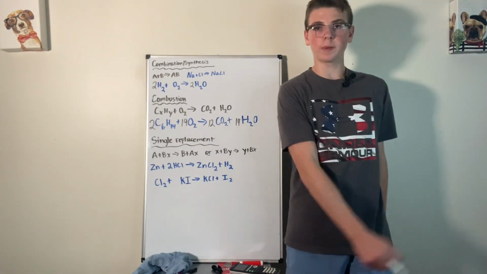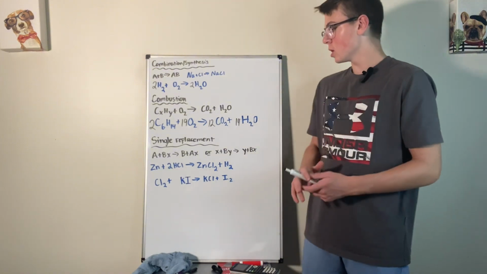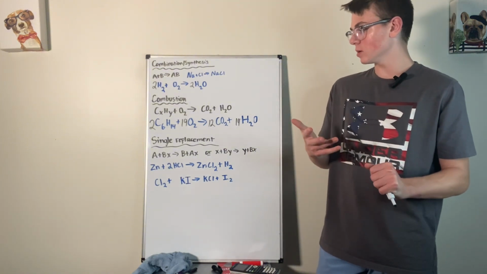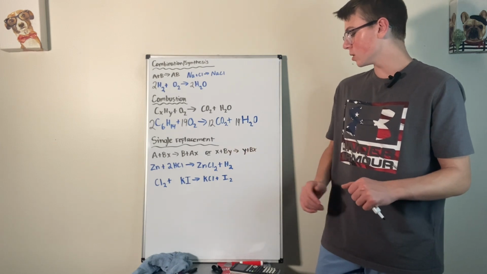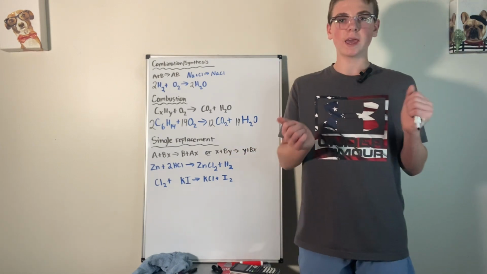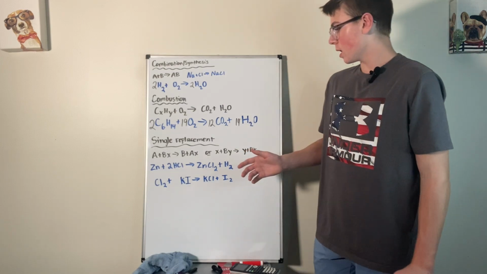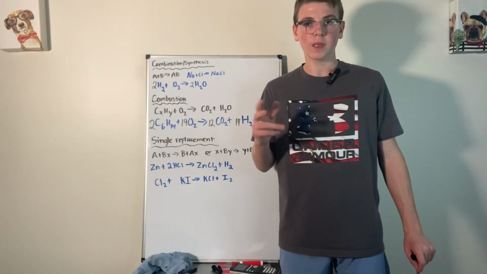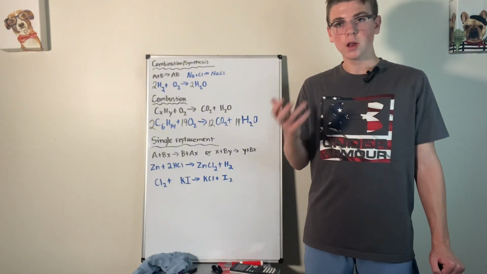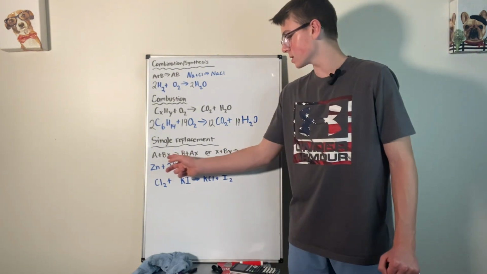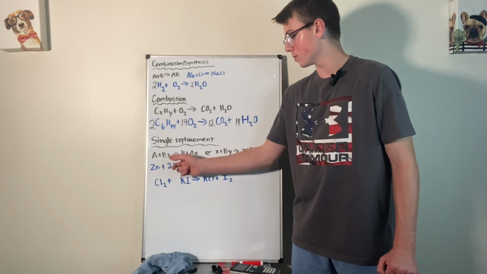Now, single replacement. All this means is one thing changes. So you could have A plus BX yields B plus AX, or you could have X plus BY yields Y plus BX. The uppercase letters A and B are metals, and X and Y, the lowercase, are nonmetals, because we see BX, a metal non-metal pair, and AX, a metal non-metal pair.